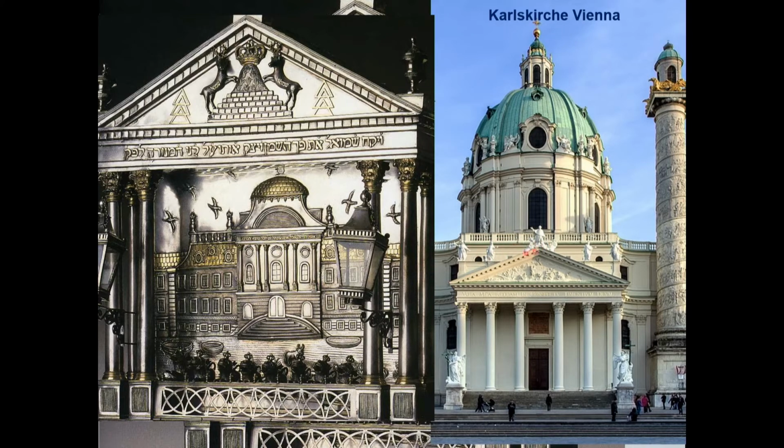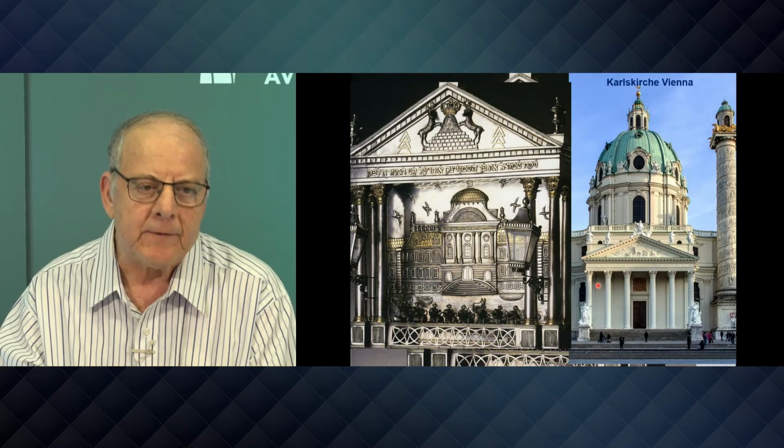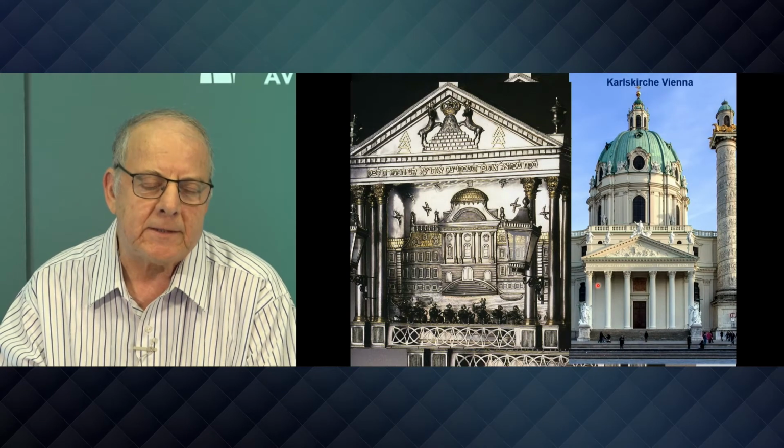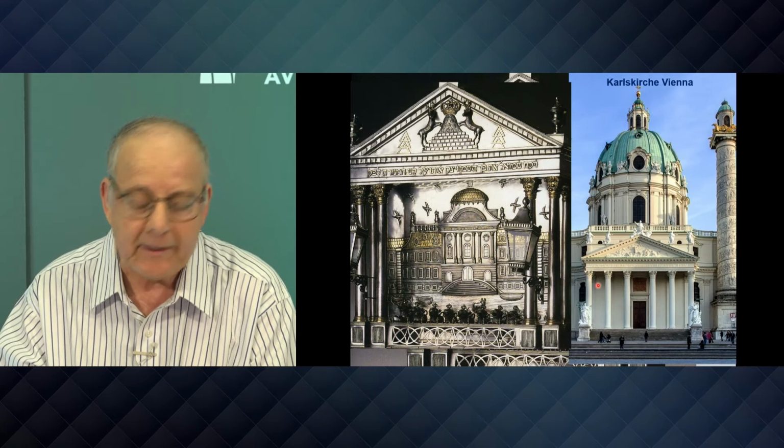And instead of the statues, here you have some decorations. But it's definitely the language of neoclassical architecture with these pillars, Corinthian capitals, like we see in this church in Vienna. Okay, so that was, as I said, the height of German Hanukkah lamp design in the period before the modern times.